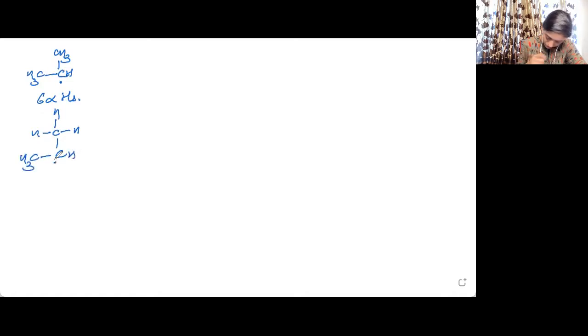So here is the free radical. Now consider this hydrogen. Electron moves here, this electron moves here, this electron moves to the hydrogen. So likewise you can draw it for the other 2 hydrogens.